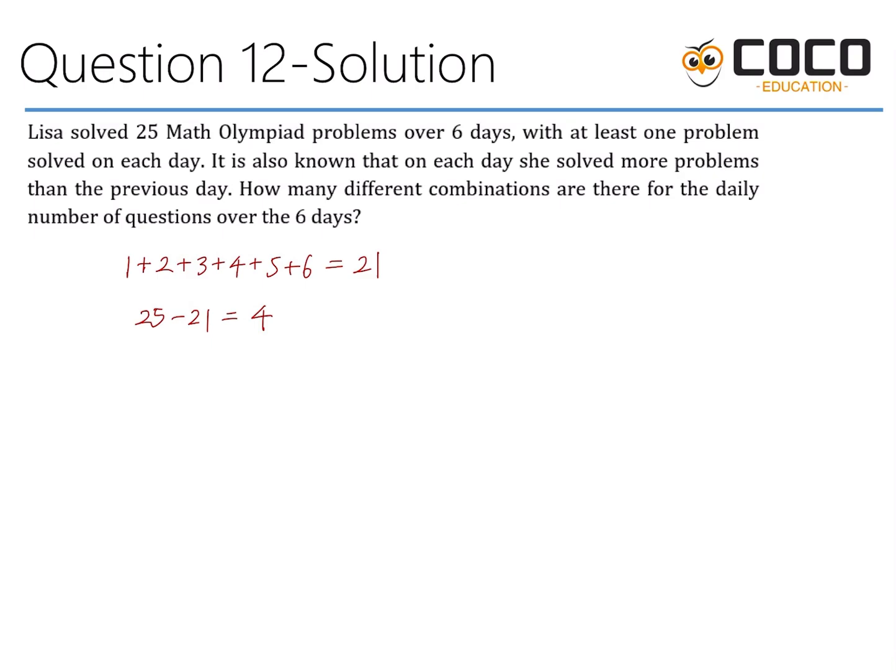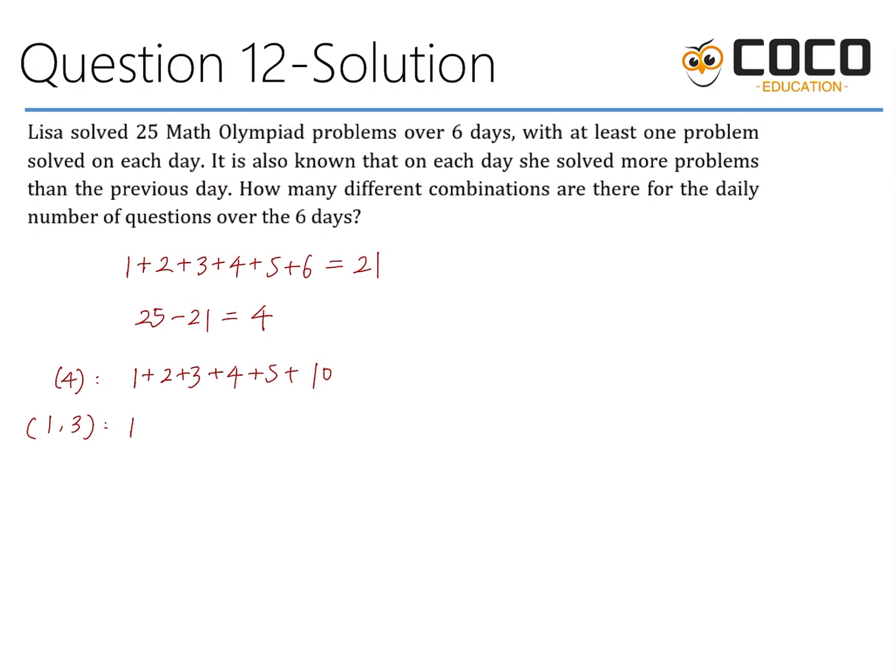When we do this, we can give all 4 questions to the last day. And it will be 1 plus 2 plus 3 plus 4 plus 5. For the last day, 6 plus 4, this becomes 10. Total is 25. Second way is we split the 4 into 1 and 3.